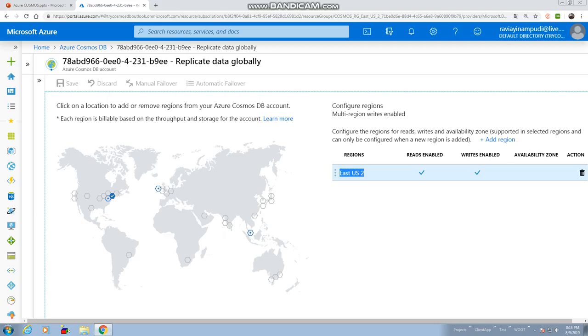The chart here shows I have one database located in East US 2, and it is write enabled as well as read enabled.